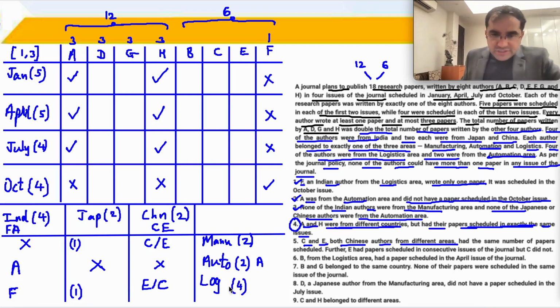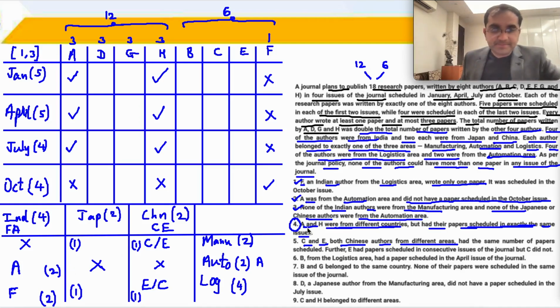And logistics has 4 people, 1 person here, 1 person here, and therefore 2 persons over here. And India has 4 people, 2 here and 2 here.